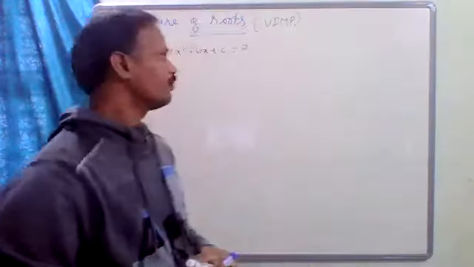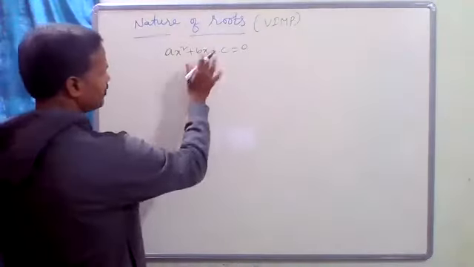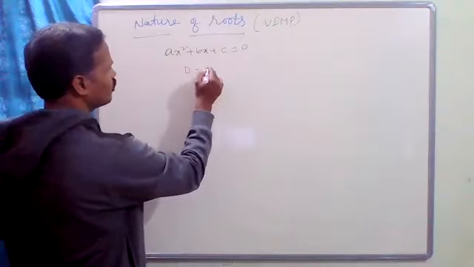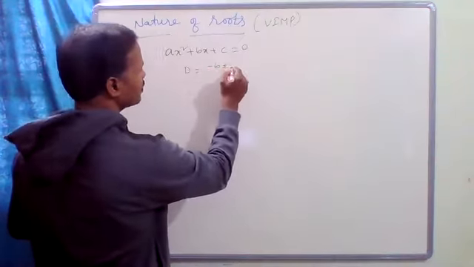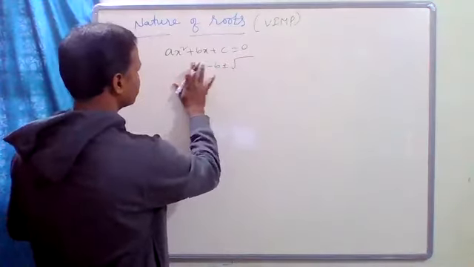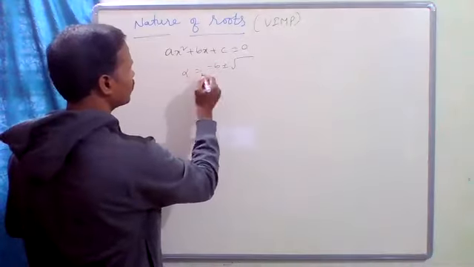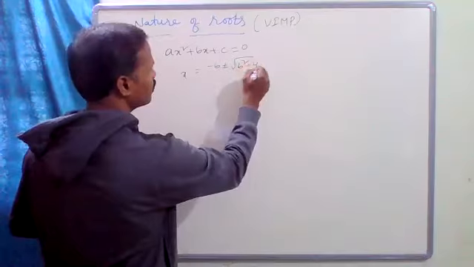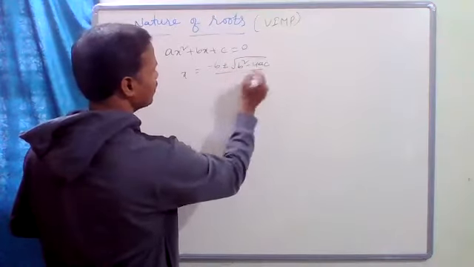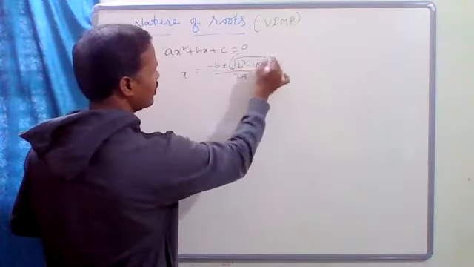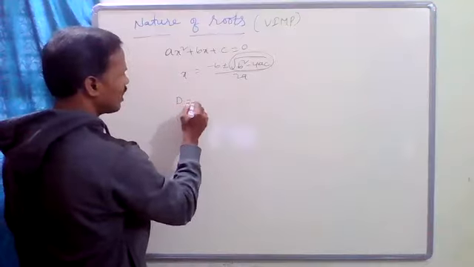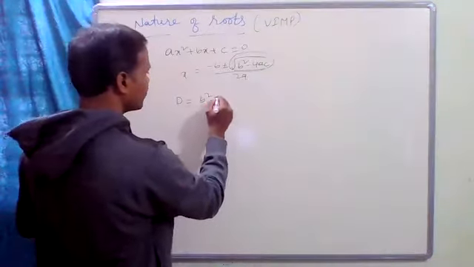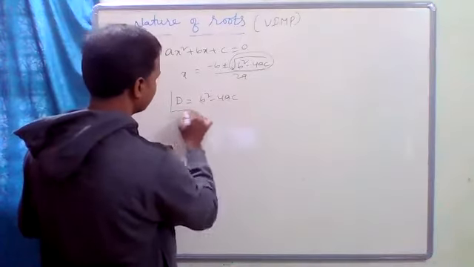Now here we know that the roots are x equal to minus b plus or minus square root of b square minus 4ac, by 2a. This part is called the discriminant, delta or D, whatever it may be. So D equal to b square minus 4ac.